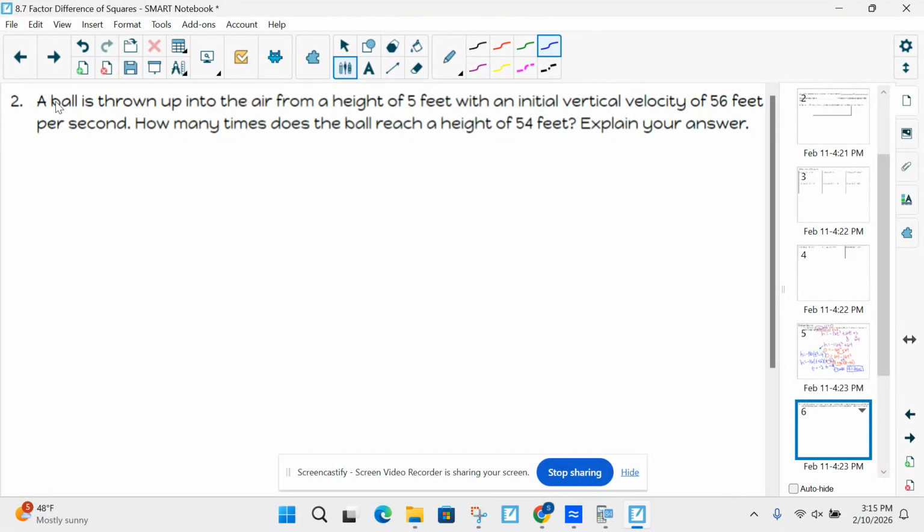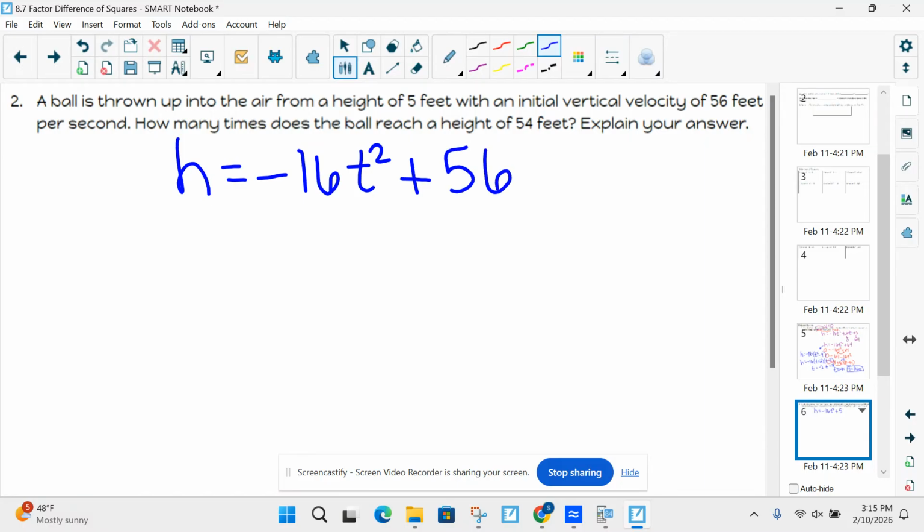The next question says a ball is thrown up into the air from a height of 5 feet with the initial vertical velocity of 56 feet per second. How many times does the ball reach a height of 54 feet? Explain your answer. So we're going to say our equation would be h equals negative 16 t squared plus initial velocity, so plus 56t, and then it's thrown up into the air from an initial height of 5.